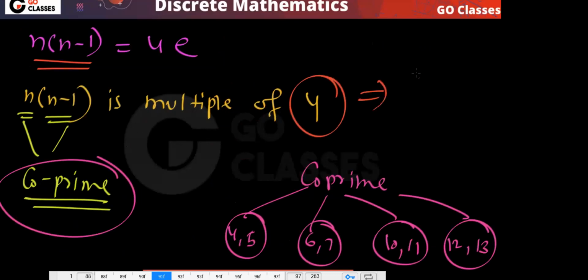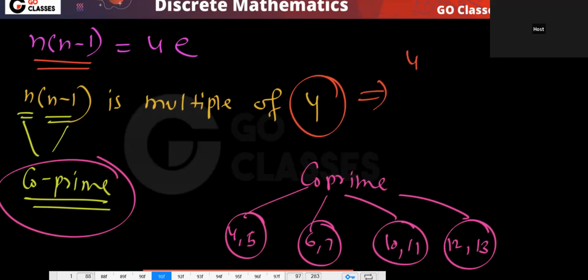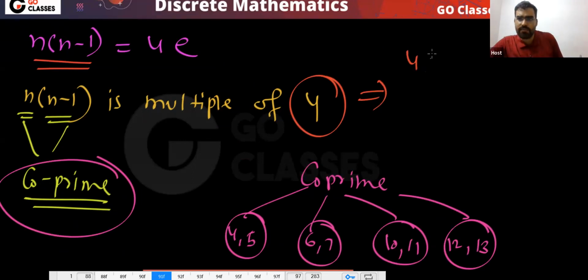So I can say either 4 divides n or 4 divides n minus 1. Yes or no? Is this clear?